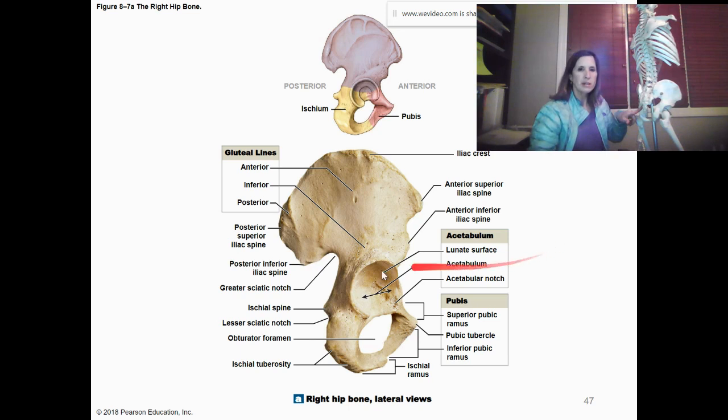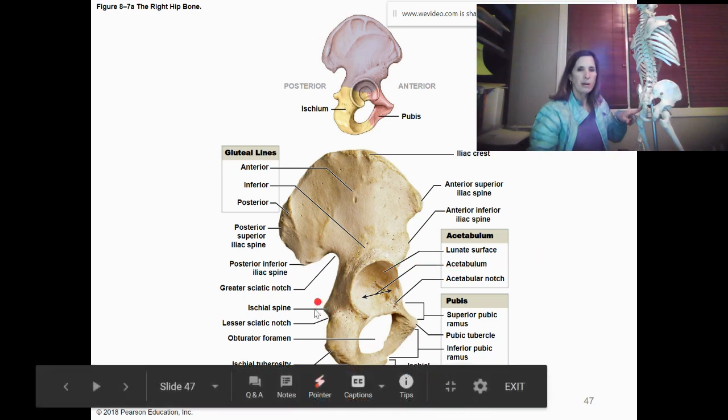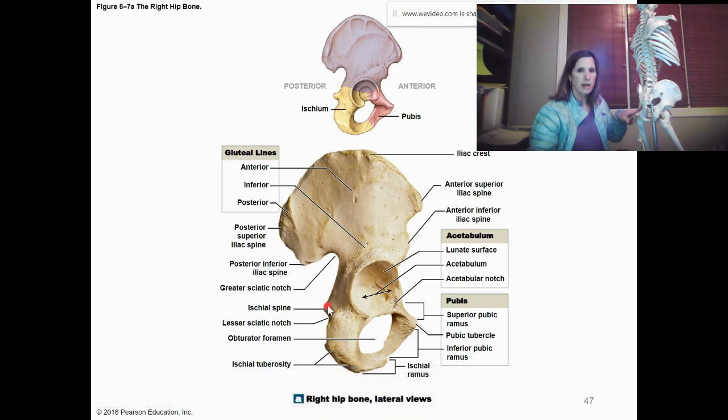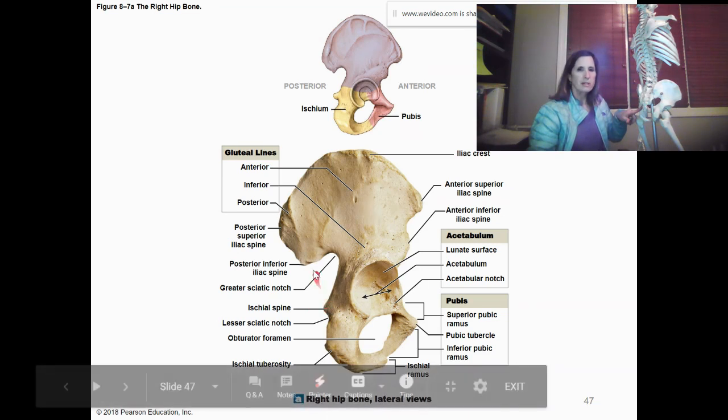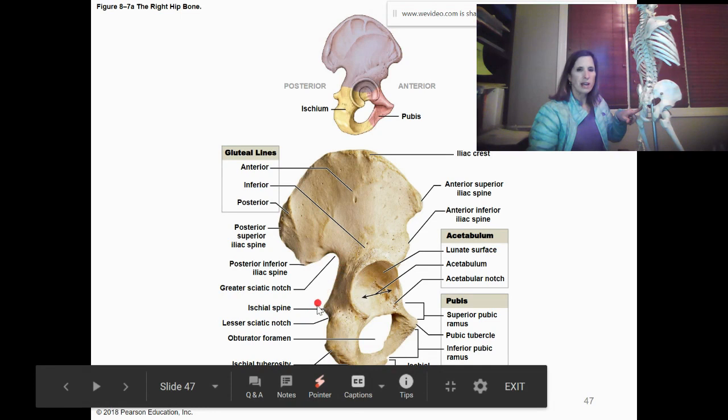And I'm going to point it out here on your PowerPoint. So make sure that you're labeling the ischial spine. And then, so like here's your greater sciatic notch on the ilium. And then here is the ischial spine. And then there's a smaller notch, and that's the lesser sciatic notch.